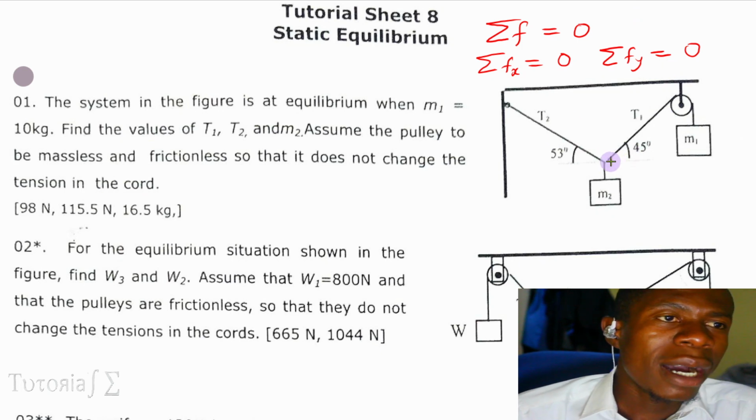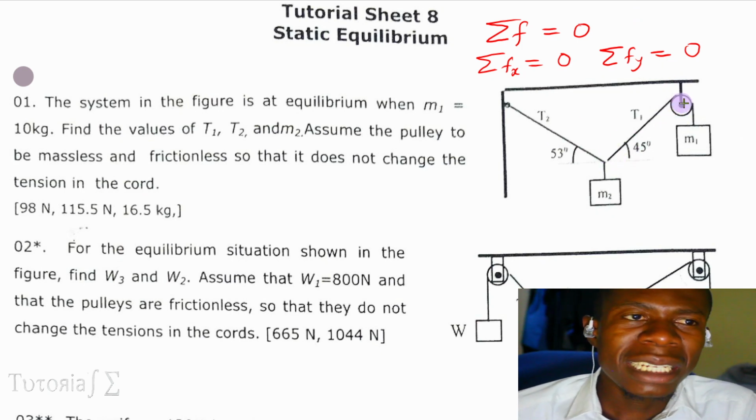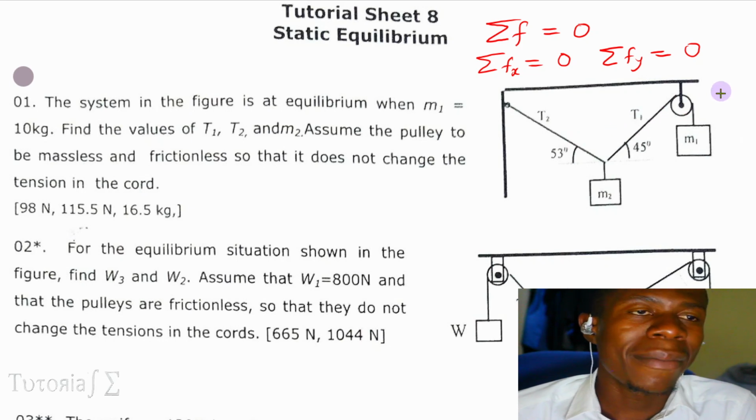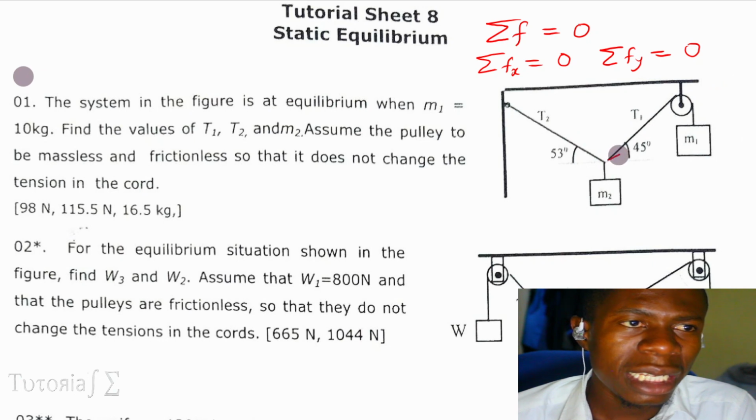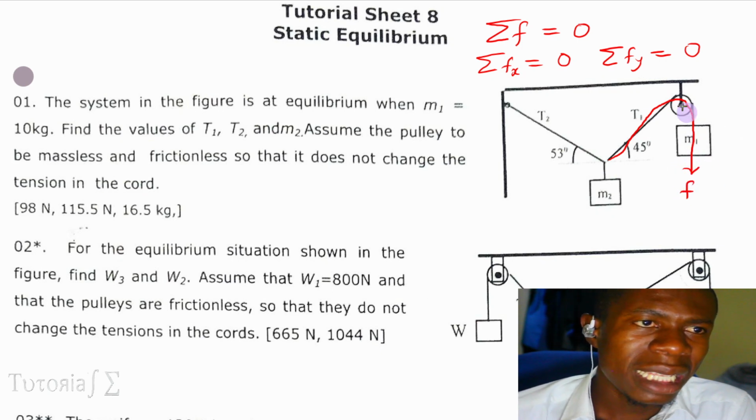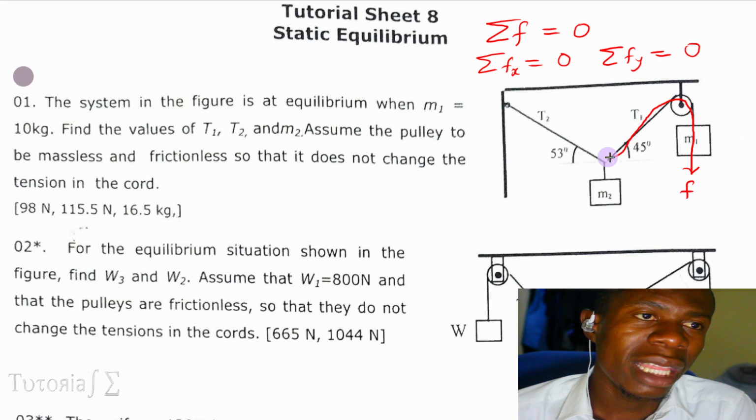Now, what you should know is that tension comes from the force acting on mass. For instance, this tension here goes all the way through to that mass here. So the force acting here is the same as the force in the string, because they are in equilibrium.